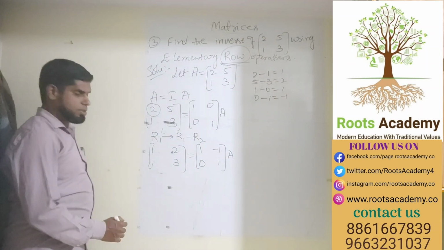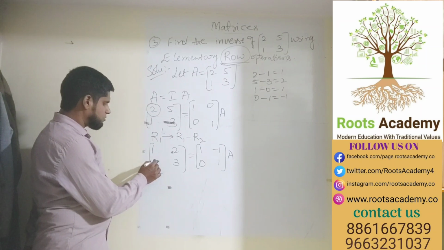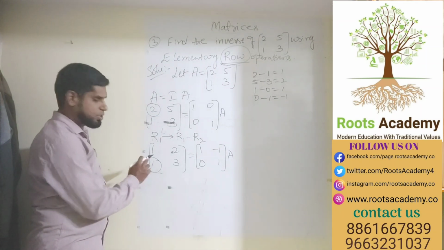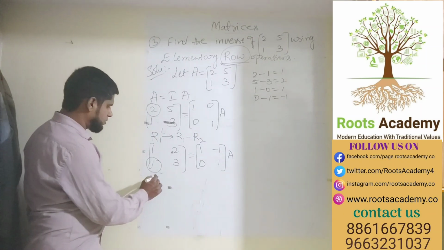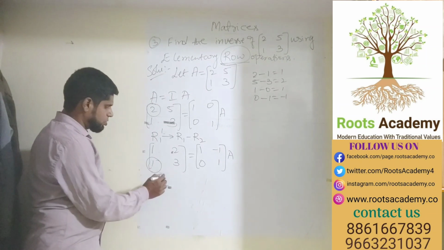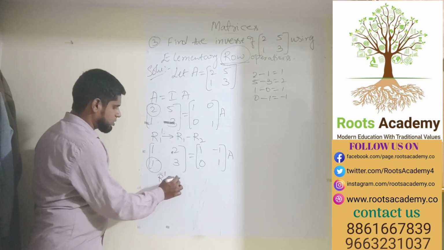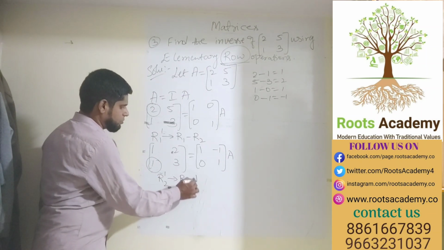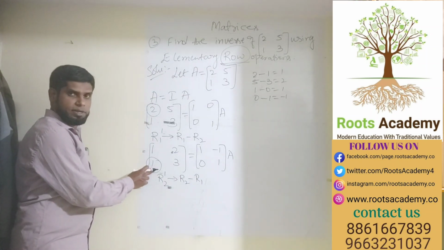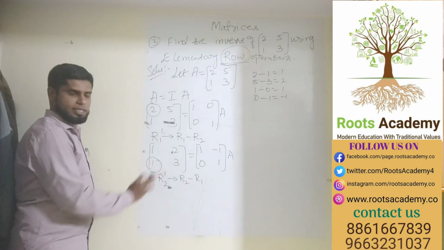Student, so in the next transformation, my target is this element. Now I should make this 0. So the best method is, this is in the second row, so I write R2 dash changes to R2 minus R1. My target is this element. If other elements are changing, let them change.